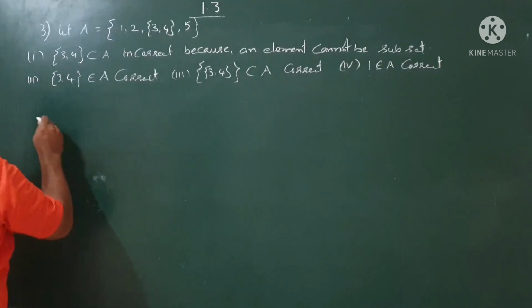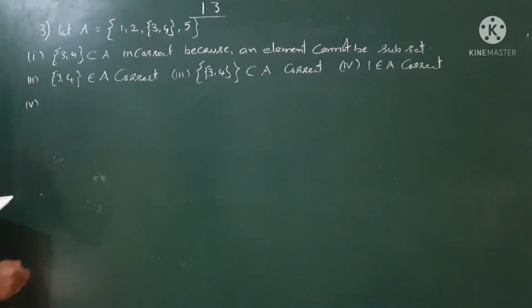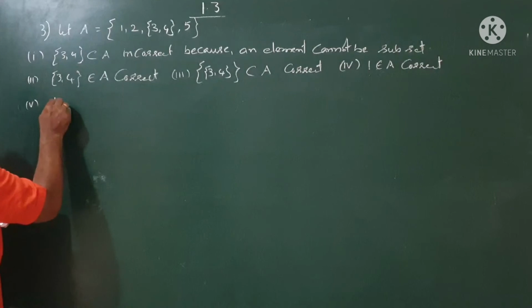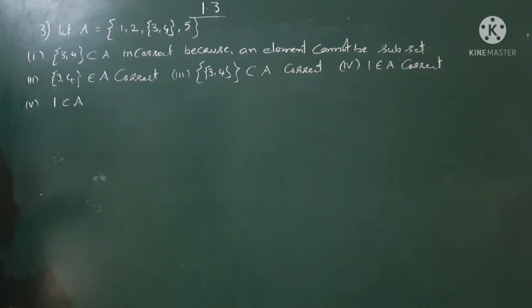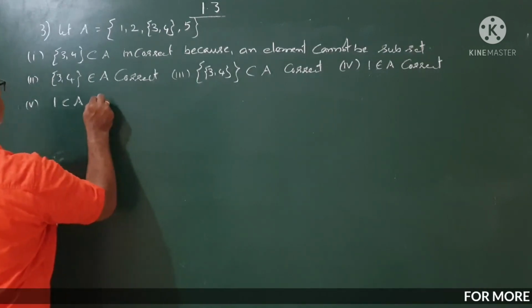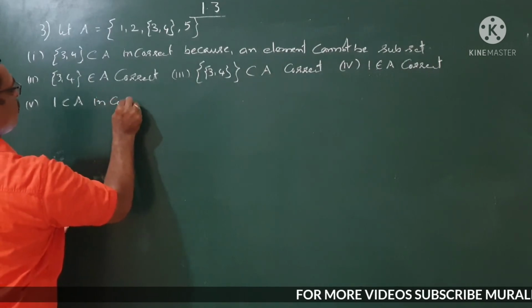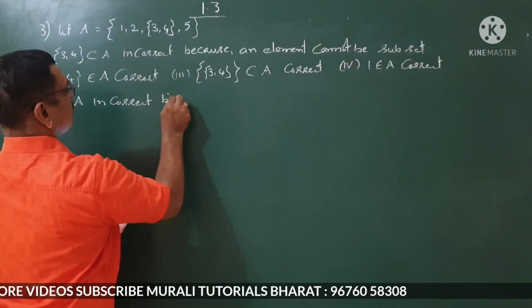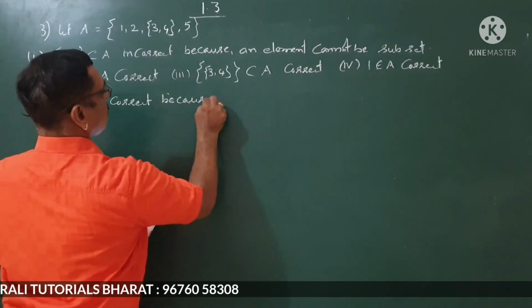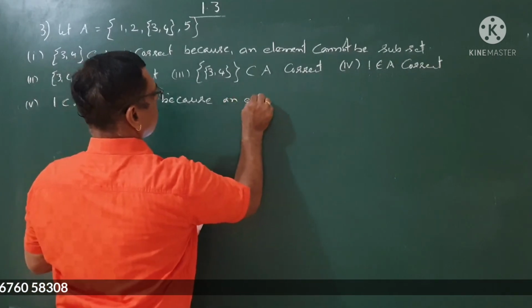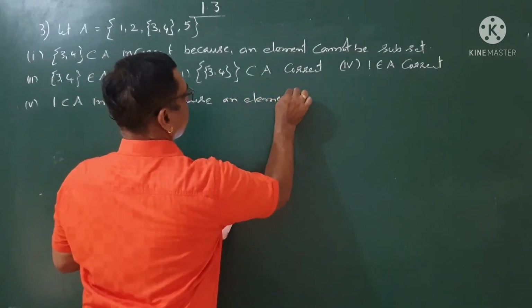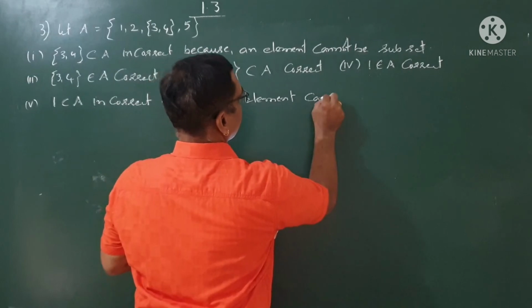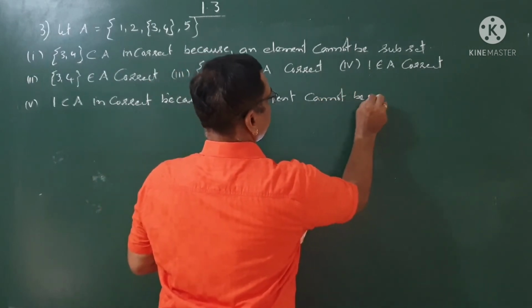Next, 5th one. {1} subset of A. Here 1 is just an element of A. An element cannot be a subset of A, so it is incorrect. Why? Because of the same reason, an element cannot be a subset.